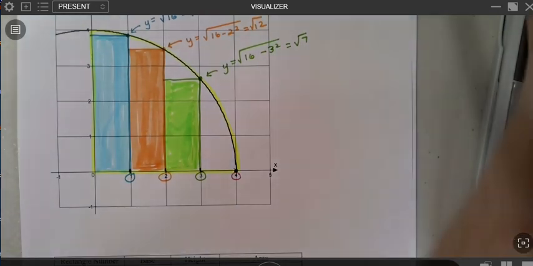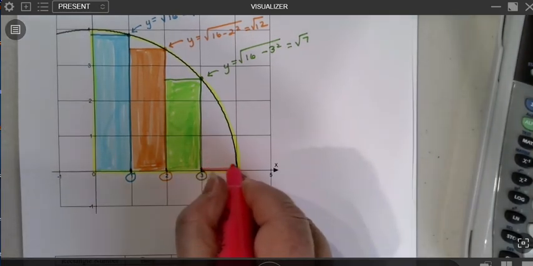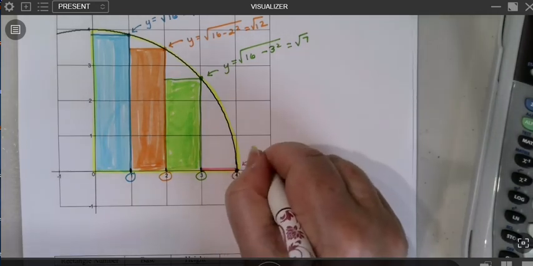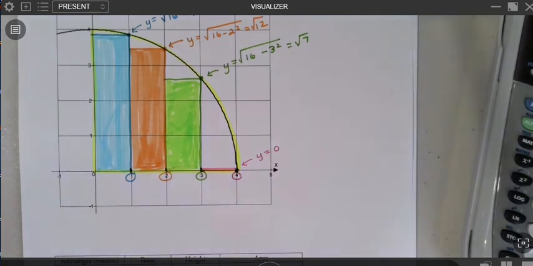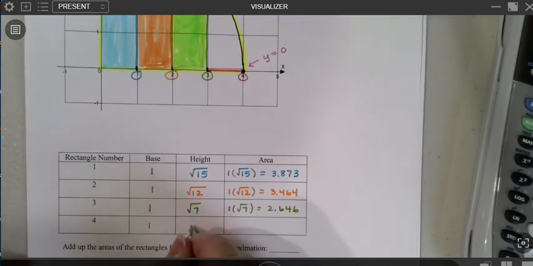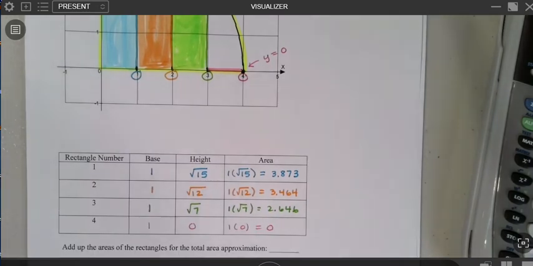So in actual fact, my fourth rectangle is literally just a flat line with no area at all. The height here, y, is 0. So base is 1, height is 0, giving me no area from that fourth rectangle.